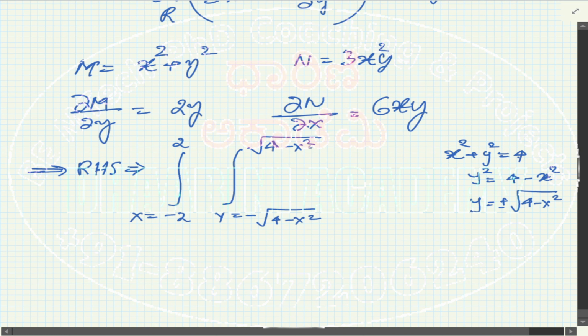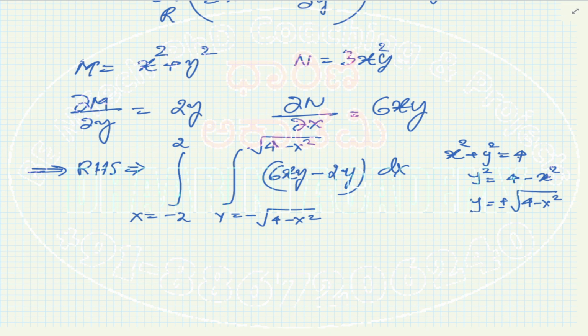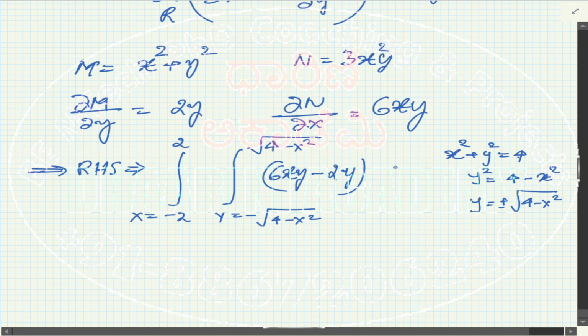The dou n by dou x minus dou m by dou y is 6xy minus 2y into dx. The first integration happens with respect to y, that's why I need to change this to dy dx.